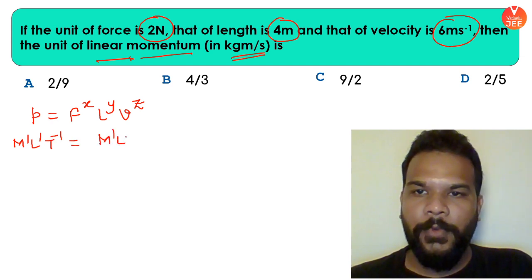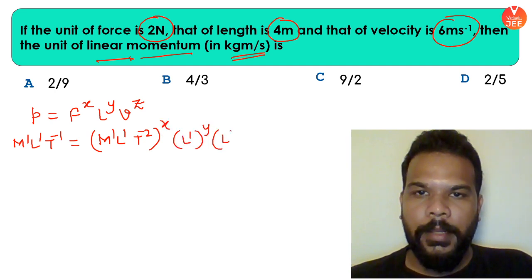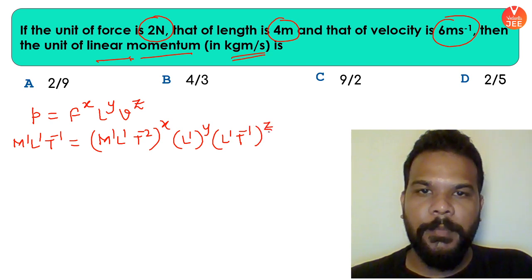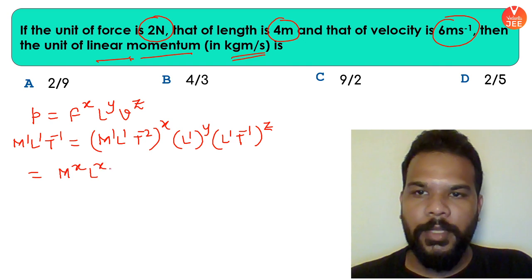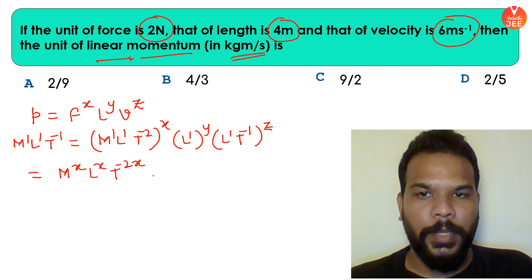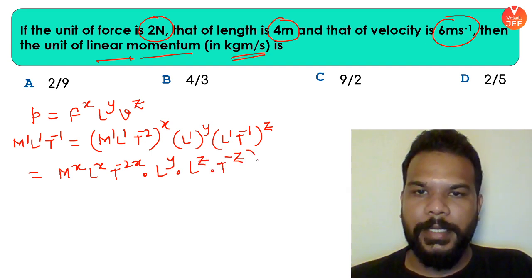Here force is M^1 L^1 T^-2, power x, length is power y, and L^1 T^-1 for velocity, power z. So on the right hand side, I have M to the power x, L to the power x, T to the power minus 2x, then L to the power y, then L to the power z, and T to the power minus z.